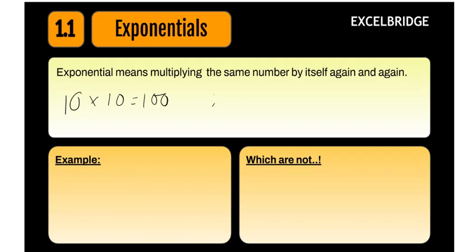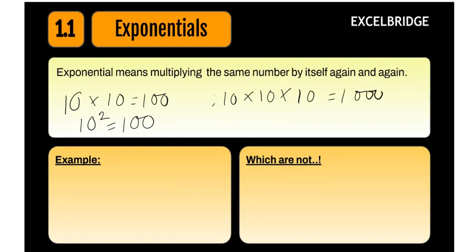And how many times did we multiply? 2 times. But if we multiply the same number 3 times, this value will be raised and the result will be 1000. That means we multiply 10 three times with 10 and the result is 1000.